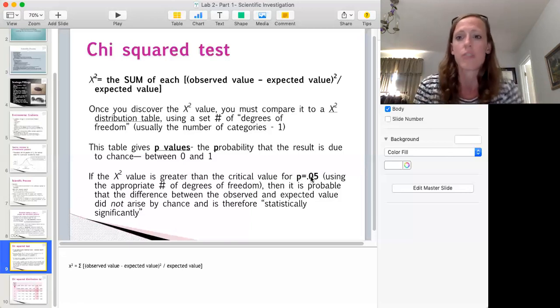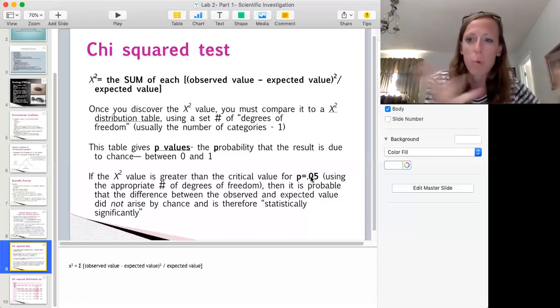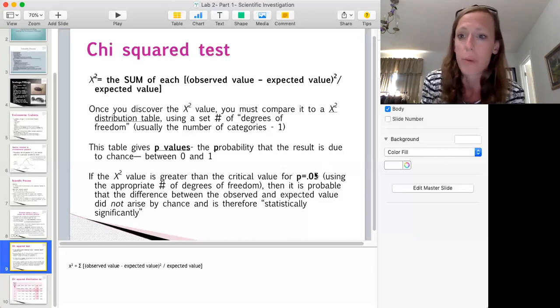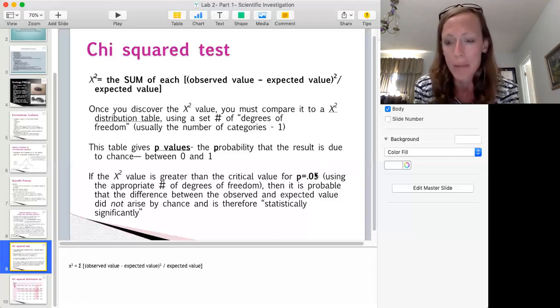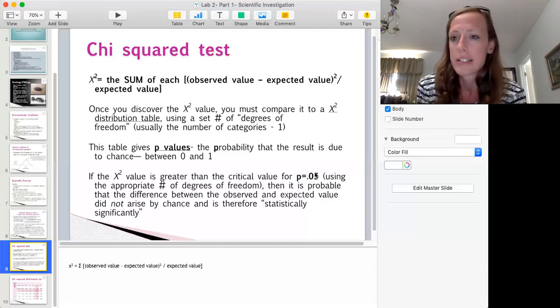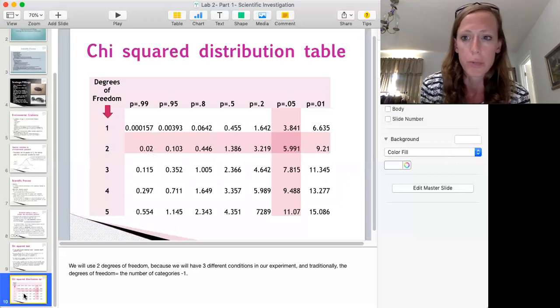It's outside of the norm. That would mean there's a statistically different result from what the normal range would be. You would have a wide range of normal, and this is outside of that. So that's what would happen 5% of the time if it were due to chance. We as scientists say, okay, that's an acceptable number to say, I'm pretty sure that this result is not due to chance. Okay, so let's go look at our chi-square distribution table on the next slide.